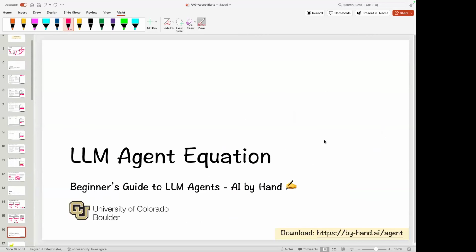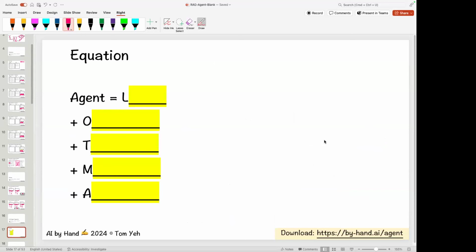All right, now I want to talk about the agent equation. They're following this pattern, but then this is one equation I like a lot. It's actually proposed by the MetaGPT folks, and it elegantly summarizes what an agent really is in this mathematical formula. Agent equals L, what is L?